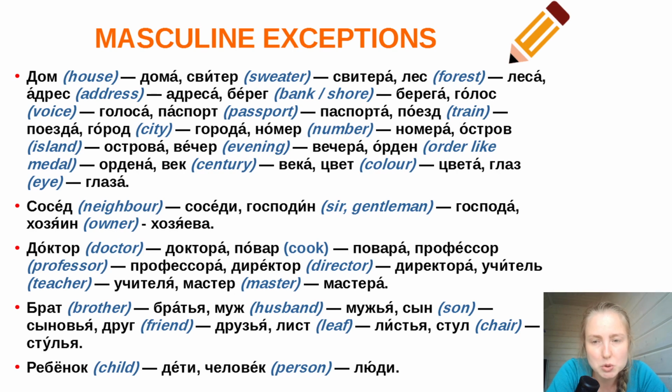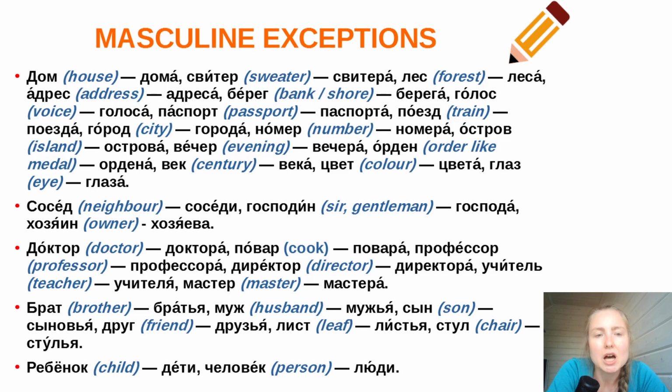Here I wrote you the list of words that are not regular, and I will not translate them into English because I already wrote you an English translation from Russian. So I will read it first and give you some remarks.